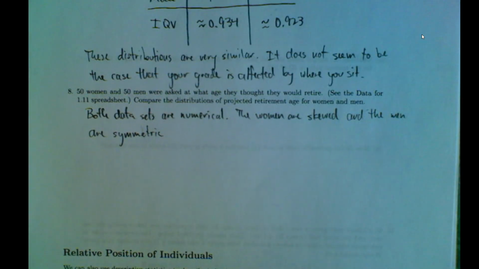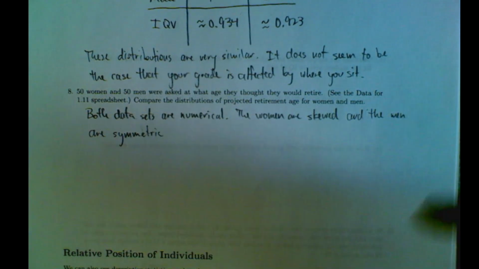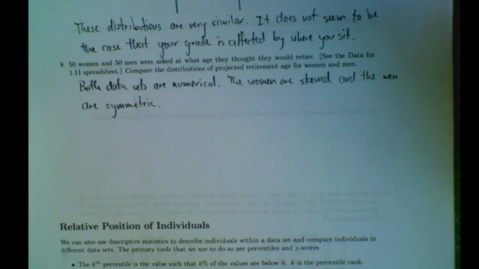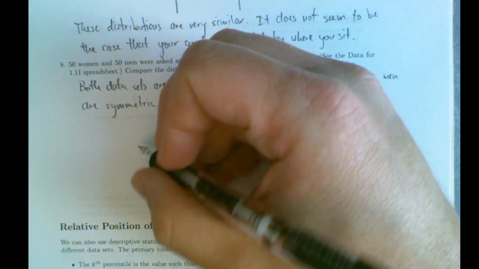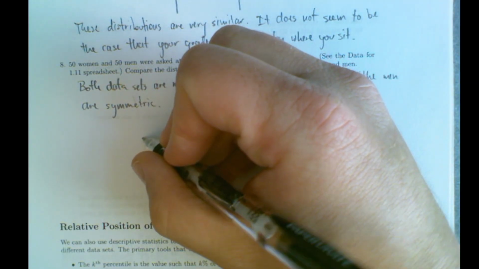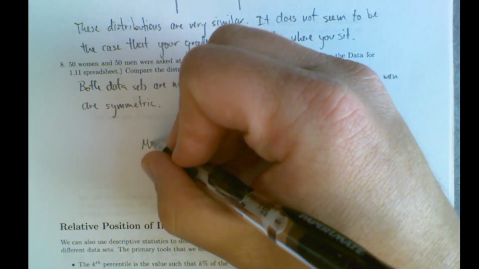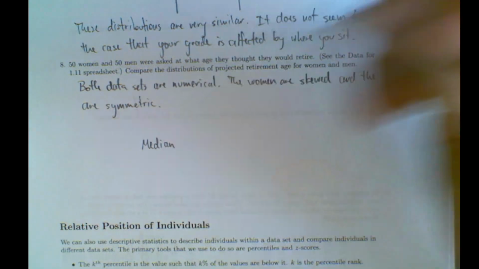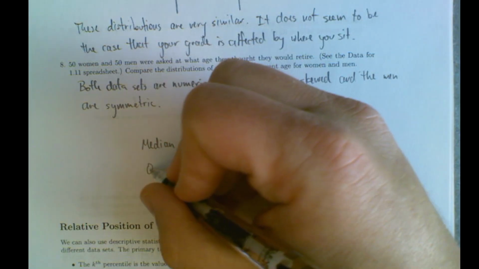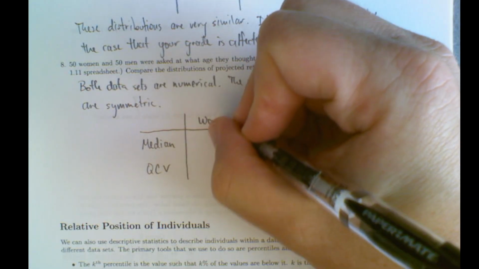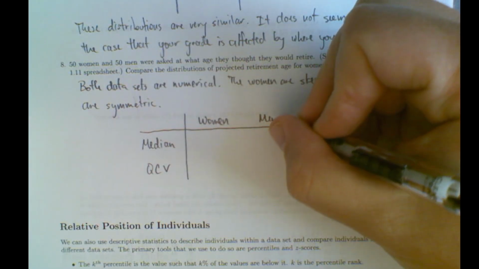Okay, consequently, the best measures of center and spread to compare are going to be the median and the QCV, okay, for each group. So we'll do this for women, and we'll do this for men.